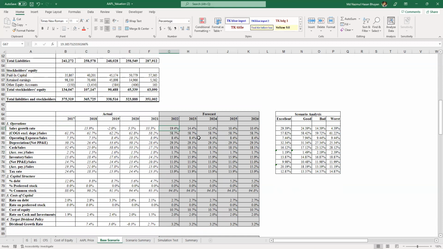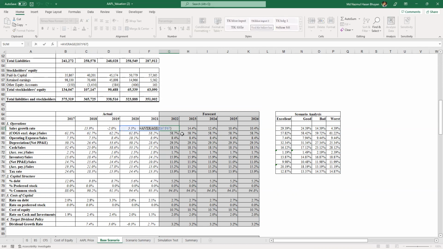Now here, same. I want to take the average of the last 2 years. Remember, this is all discretionary.